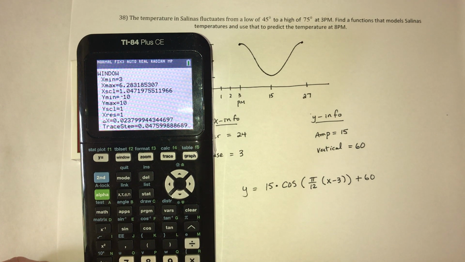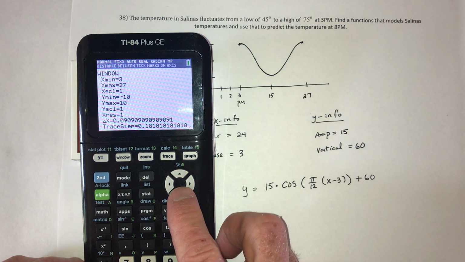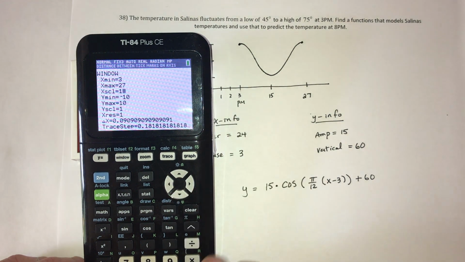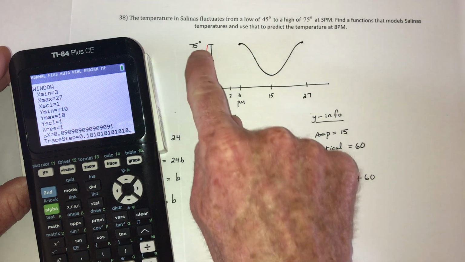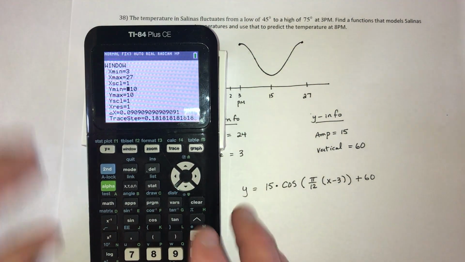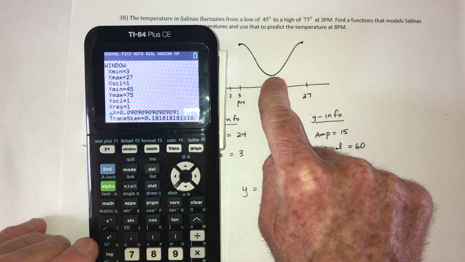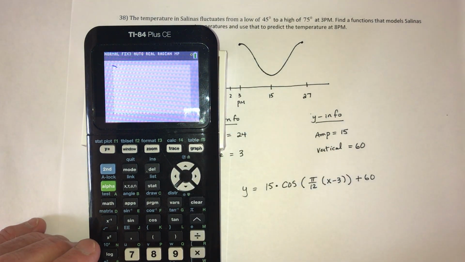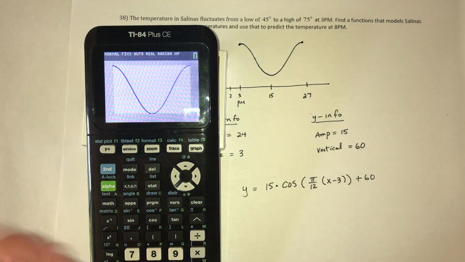X goes from 3 to 27. Down here, I'll just have it go in ones like this does. And the y values need to go from 45 to 75. And then we should see just this graph. Starts at the top, just barely touches at the bottom, finishes right at the top right corner. Perfect.